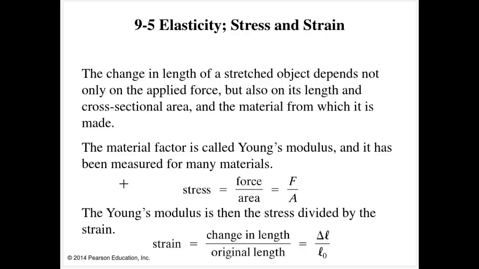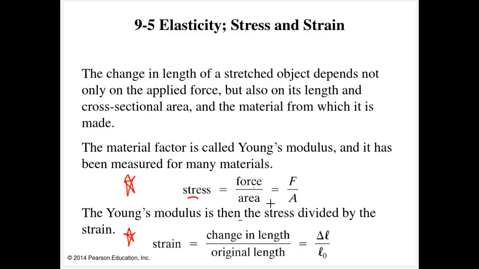So we're going to define two quantities here, stress and strain, which are related to the elasticity of a material. We'll consider stress to be the force that is applied to an object divided by its cross-sectional area.